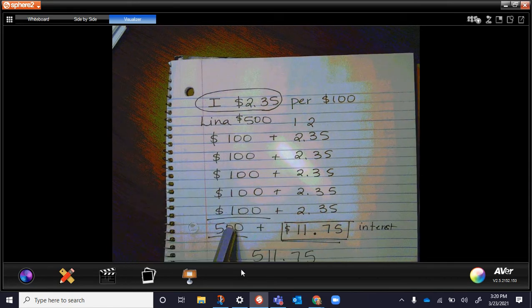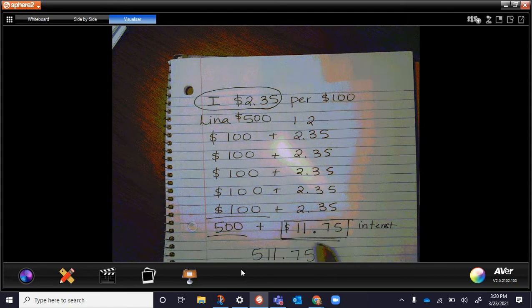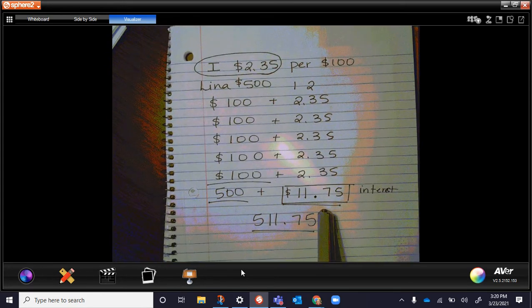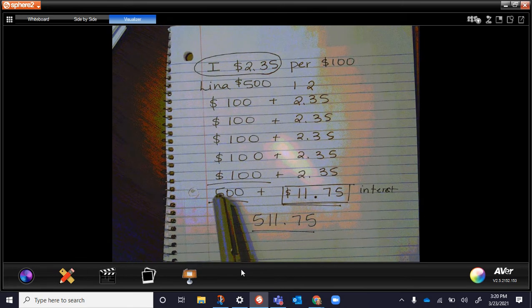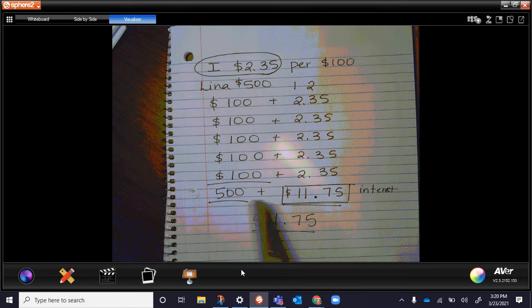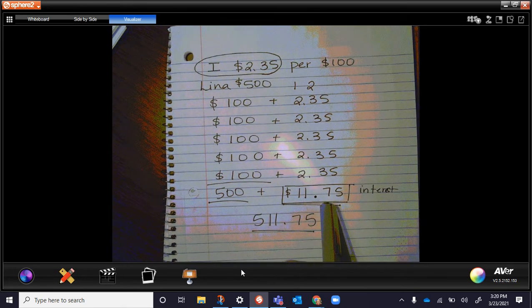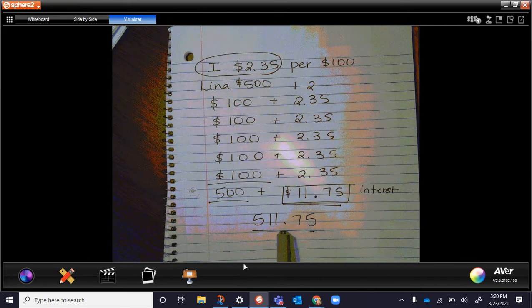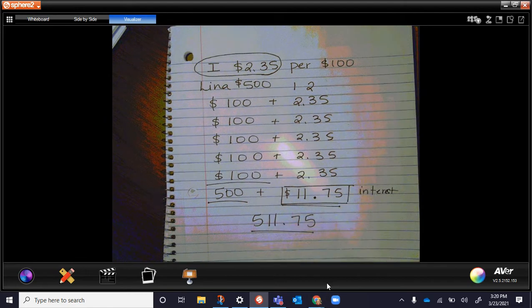So once we got the interest for all 500, when we added it together, that came out to $11.75. So when Lena goes to check her bank account, it's going to show the 500 that she put in, plus the $11.75 that she earned in interest from the bank. So her actual total that she has in her bank is $511.75.